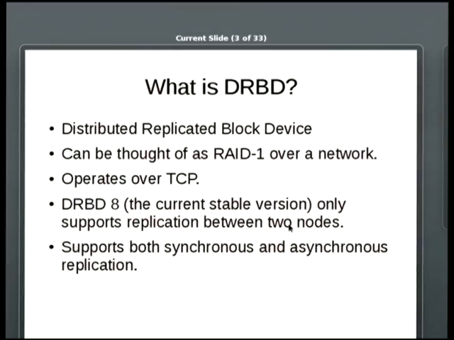DRBD 9 is going to let you do more interesting things with multiple nodes, but it's not stable yet, so it's not really relevant to production usage. And it supports both synchronous and asynchronous replication, so you can either have writes need to go to both nodes before you actually get a successful write back, or you can have the write to the remote node go asynchronously in the background.